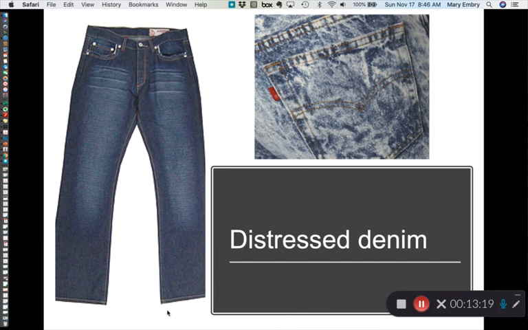So distressed denim is also what we would call an aesthetic type of finish. Here we're talking about how we affect a dye in the process, but it's also considered an aesthetic finish.